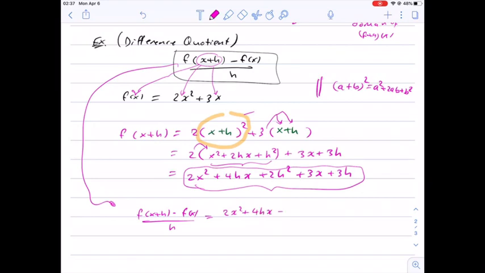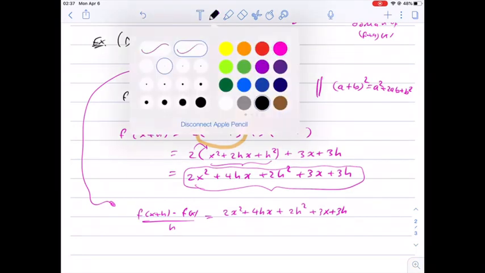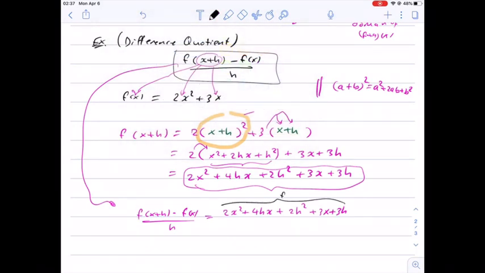So 2x squared plus 4hx plus 2h squared plus 3x plus 3h. This is f of x plus h. Now minus f of x. What is f of x? The original function, it's 2x squared plus 3x, all over h.